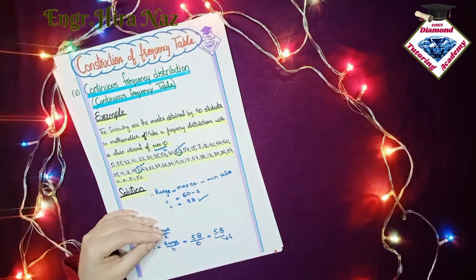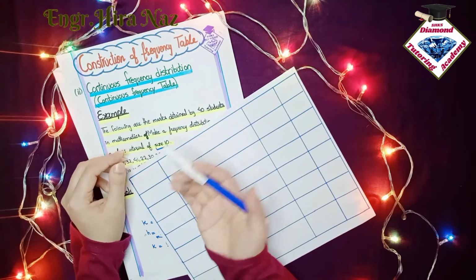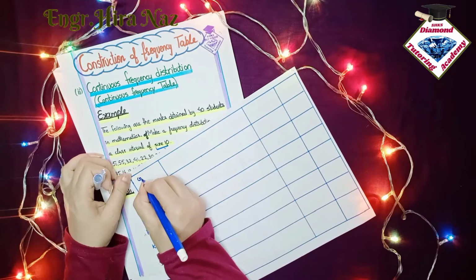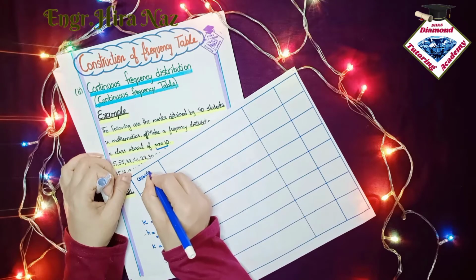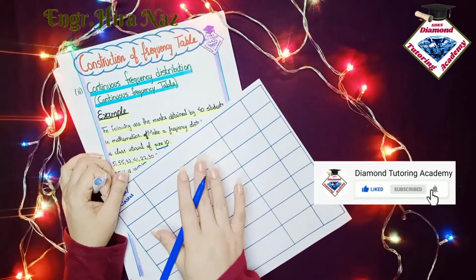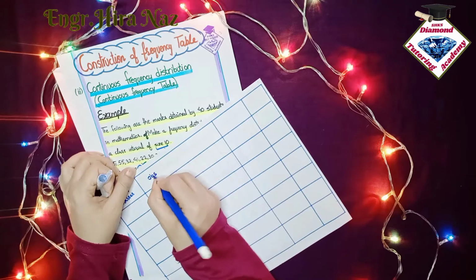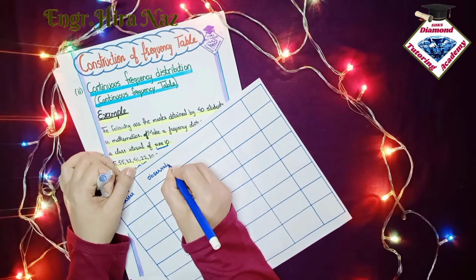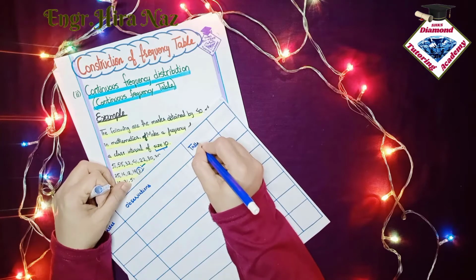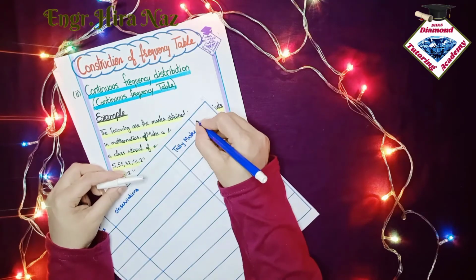Let's construct the frequency table. First we name the columns. For continuous frequency distribution, our first column is always for groups or classes, the second one is for observations, the third one is for tally marks, and the fourth one is for frequency.